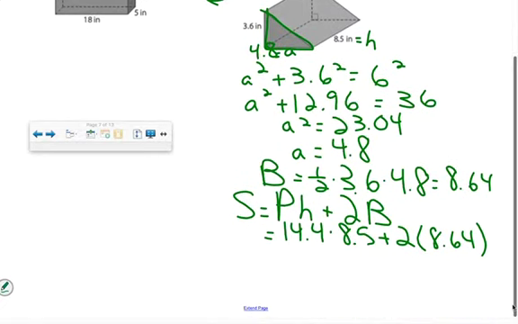When I type this all into my calculator, I get 140.53 square inches.